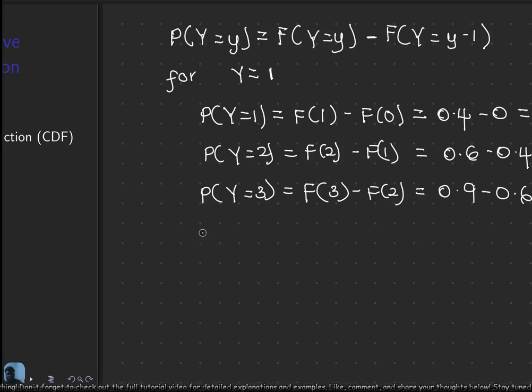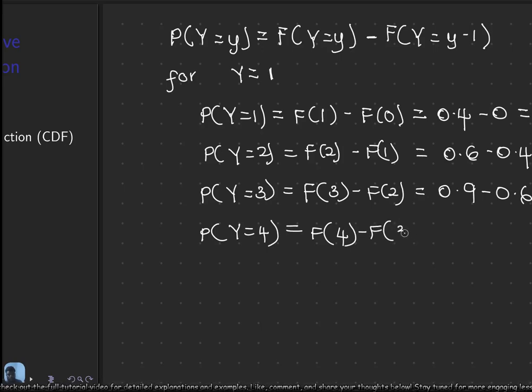Then our very last one, P of y equals 4: we get F of 4 minus F of 3. From our table, F of 4 was 1.0 and F of 3 was 0.9, and that gives us 0.1.